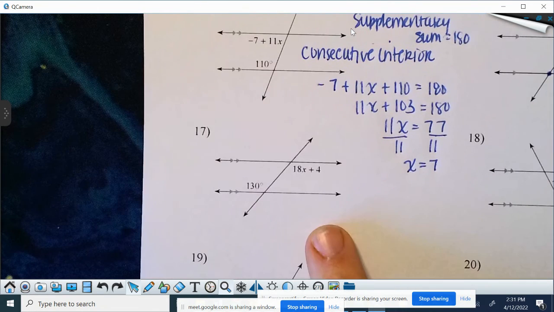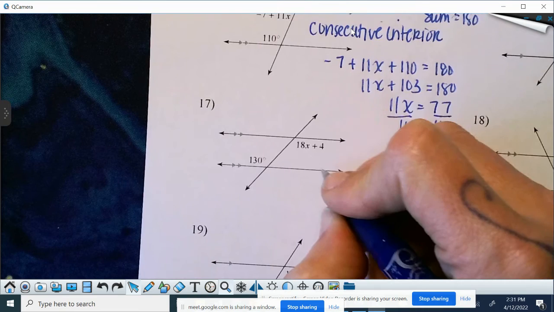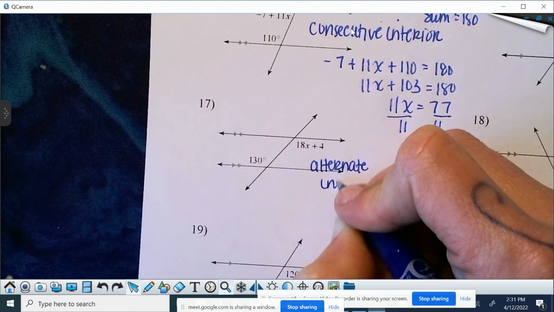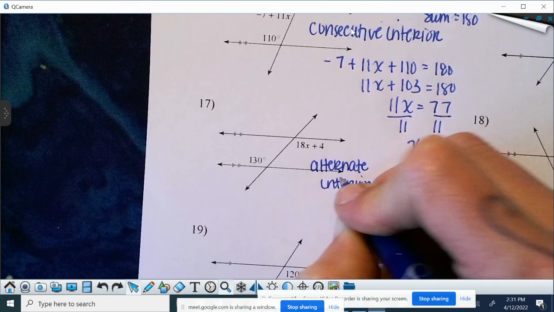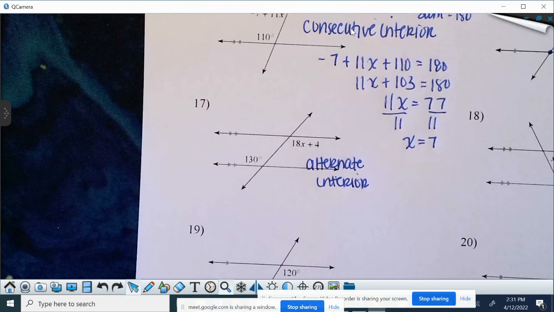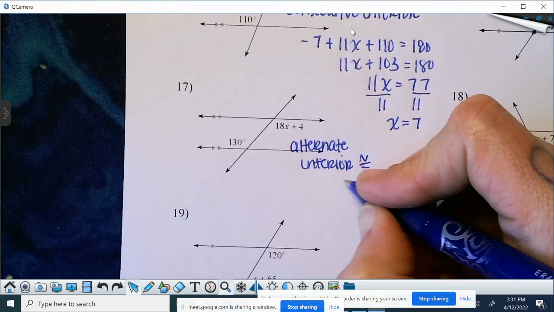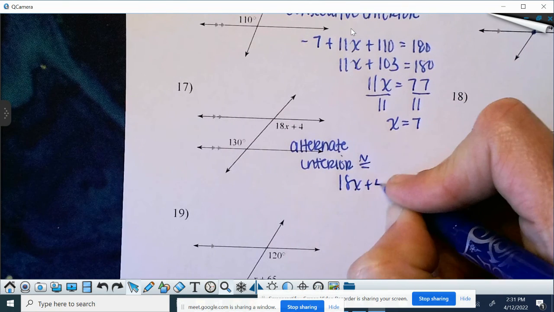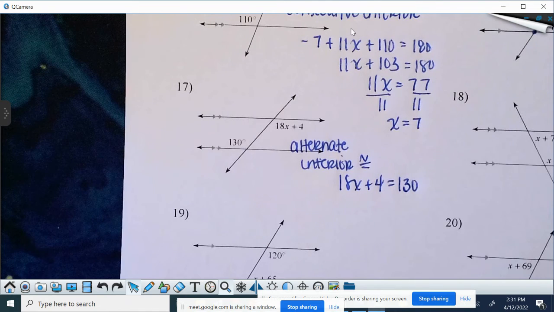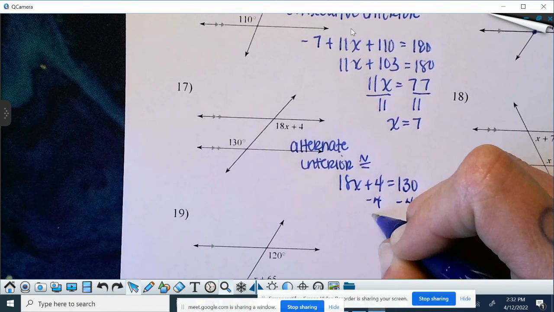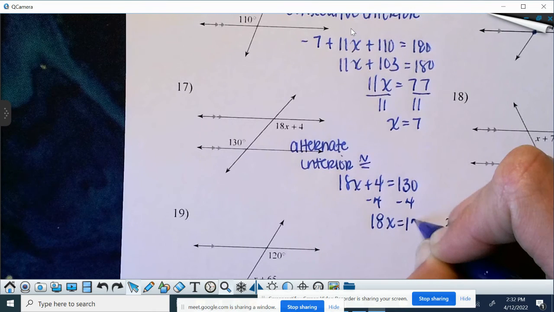One we haven't done as many is alternate interior. This website likes the corresponding, quite obviously. So alternate interior, those again are congruent. So it's going to be 18x plus 4 is equal to 130. Subtract 4. 18x equals 126.